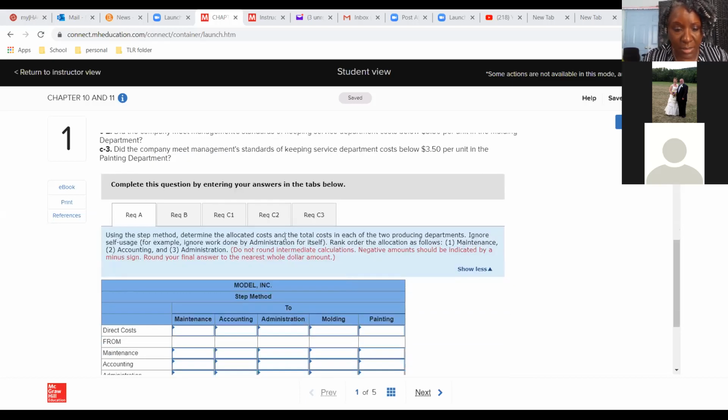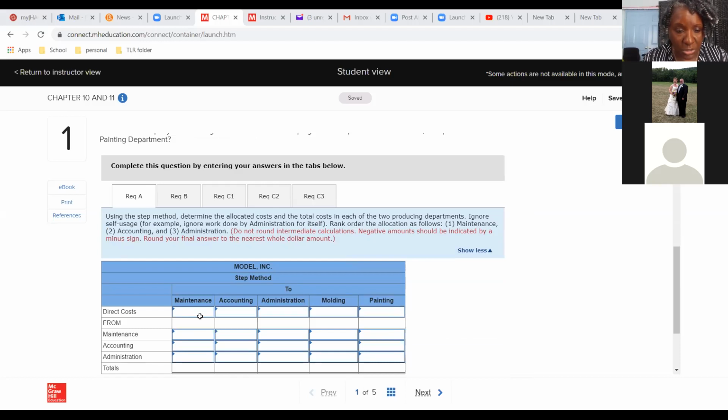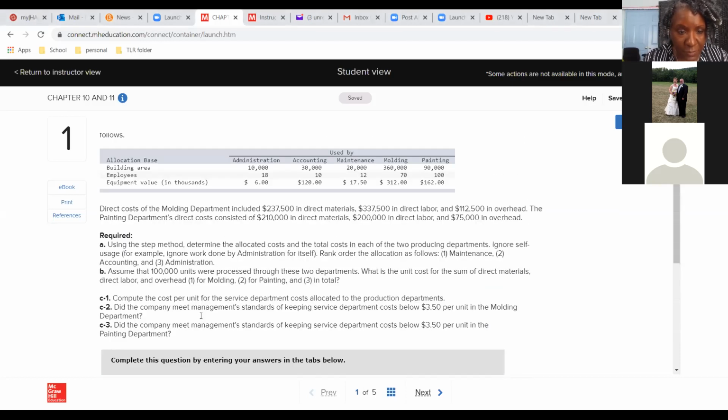So if we're going to do the maintenance department first, what are our direct costs? Now, if we look at the information here, we have direct costs. The molding department is $237,000. Indirect materials, $337. Indirect labor, $112,500 in maintenance. Overhead.